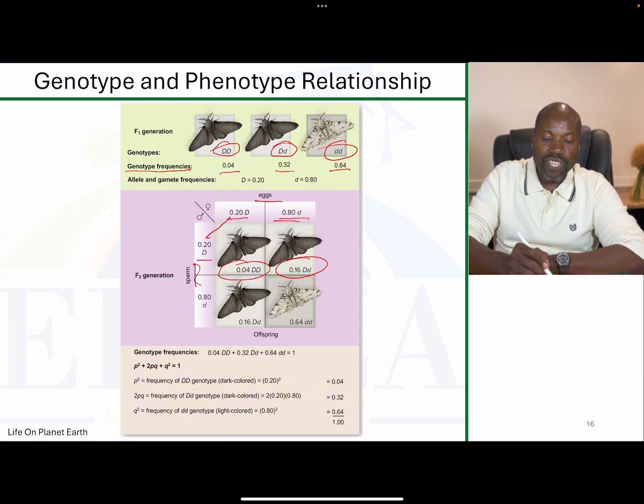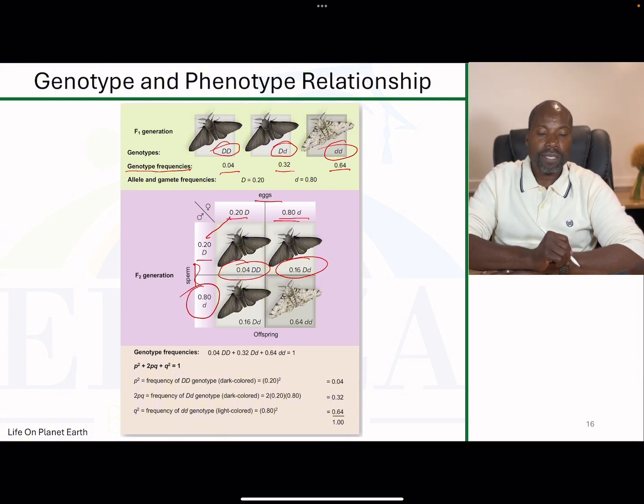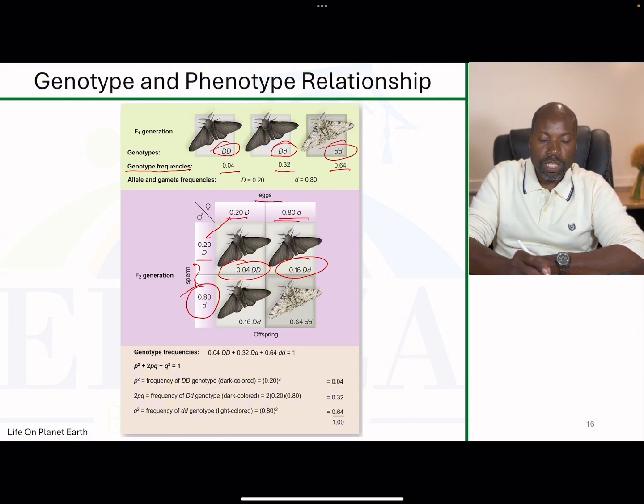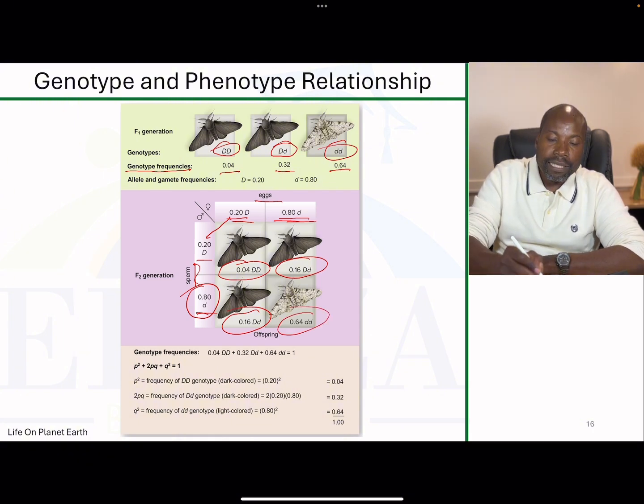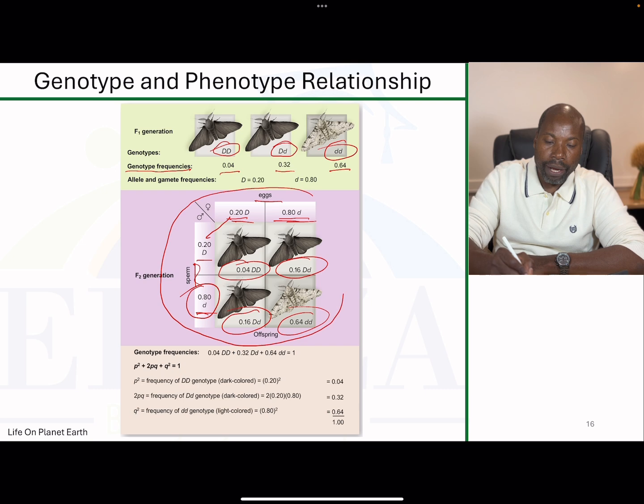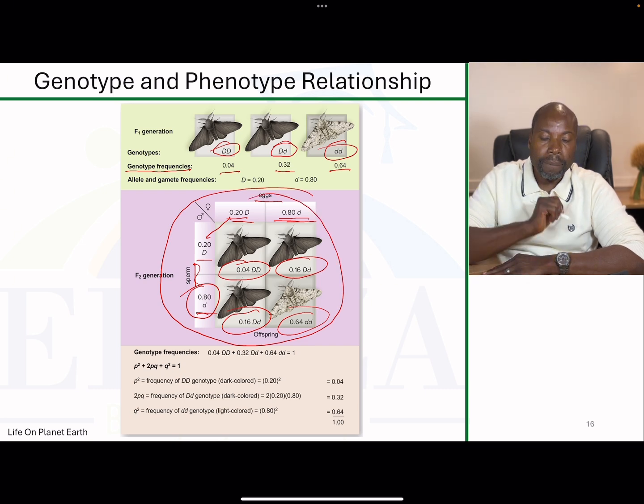We do the same thing for the other sperm: this sperm with this egg gives us this individual here, and this sperm and this egg gives us this individual here. This is called the Punnett square.